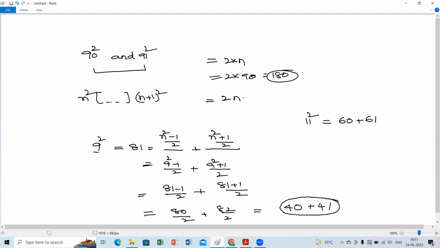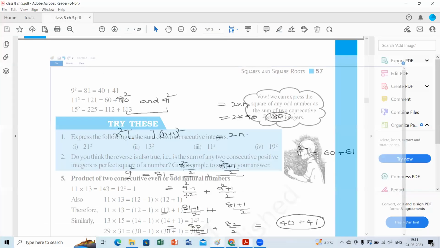Yes, ma'am. Odd square numbers, not even square numbers. It is only applicable for odd square numbers. Hari Karthik, hope it is clear.